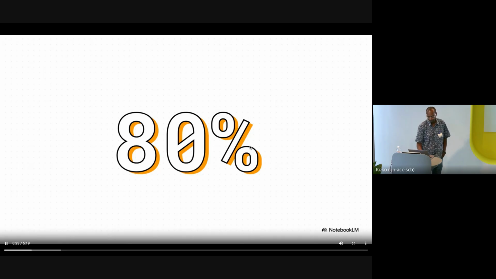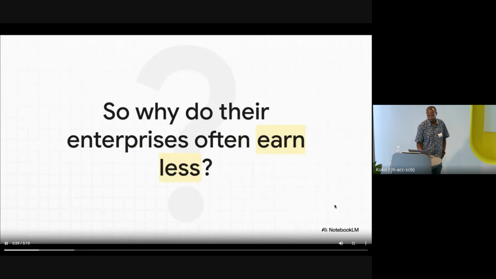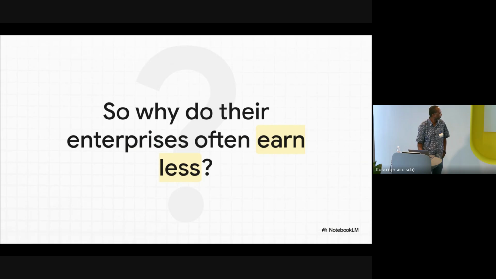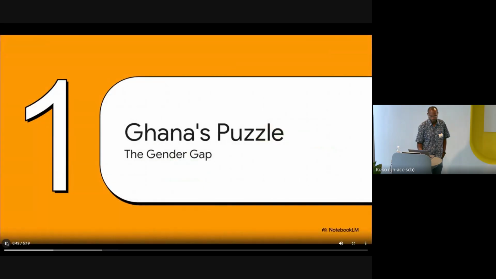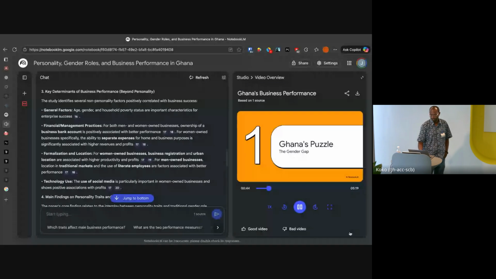They manage over 80% of all small informal businesses. I mean, they are truly the backbone of the economy. And yet, here's the puzzle. Despite women running the show in terms of numbers, there's this stubborn gap in how much their businesses earn. So what's going on? Why does this gap exist? That's what we're going to try and figure out. Okay, so let's call this Ghana's entrepreneurship puzzle.